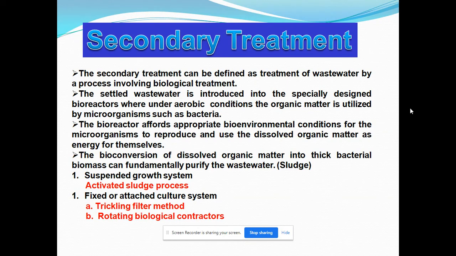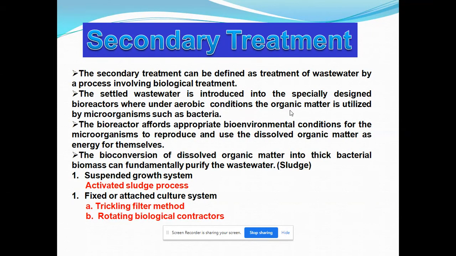The bioconversion of dissolved organic matter into thick bacterial biomass can fundamentally purify the wastewater, and this biomass is separated out as sludge. We can categorize the secondary treatment into two types.